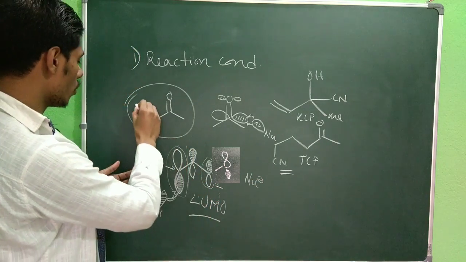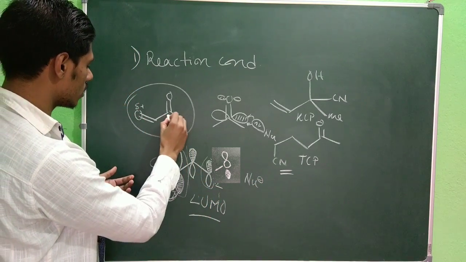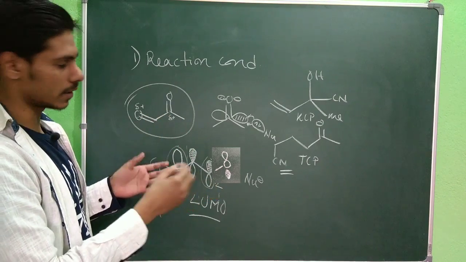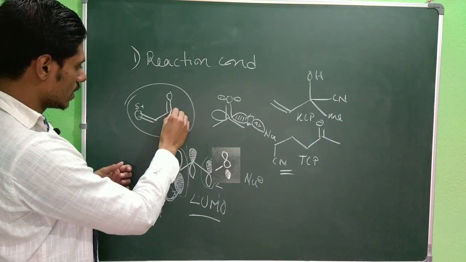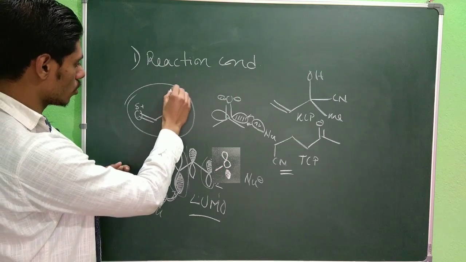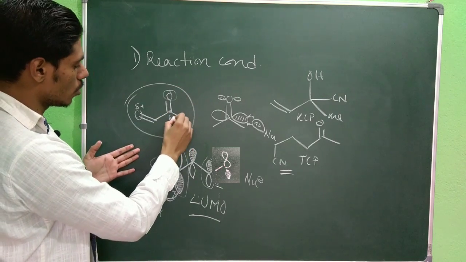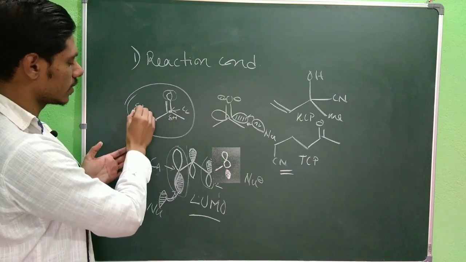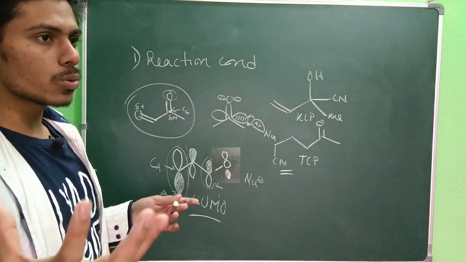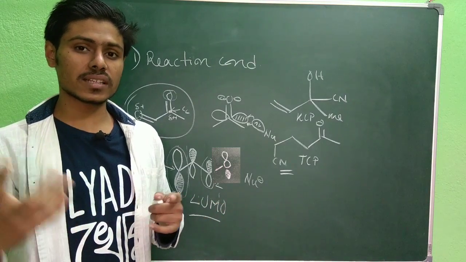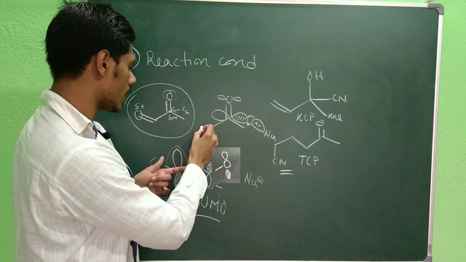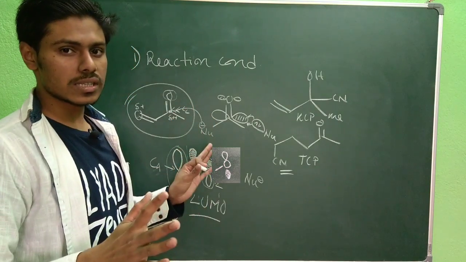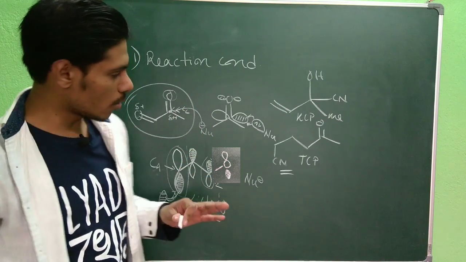If you put the delta positive charge, these two carbon atoms will have the most delta positive character, but you can see this center is closer to this electronegative oxygen atom, so the amount of delta plus will be much higher at this C2 position than this C4 position. So any nucleophile whose reaction is controlled by charge will prefer to attack on this. Okay, so this is another fact.